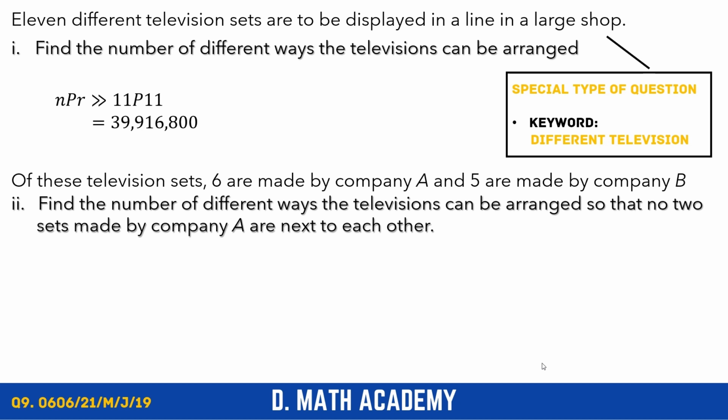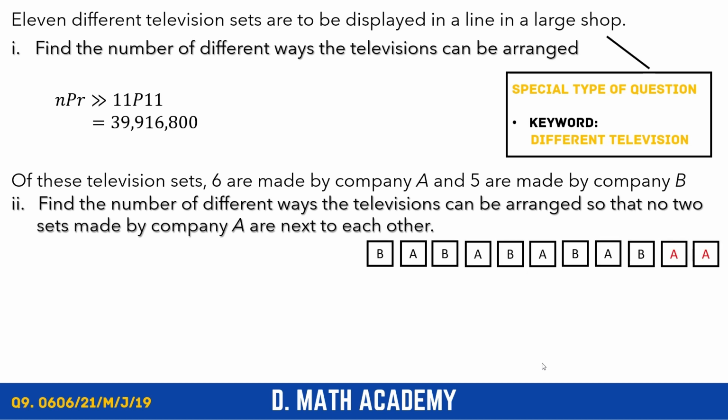Of these television sets, 6 are made by company A and 5 are made by company B. I listed down a combination over there, where if I start with B first, so set B, set A, set B, set A, listed all the way down, then you will realize there's 2 A's standing next to each other.